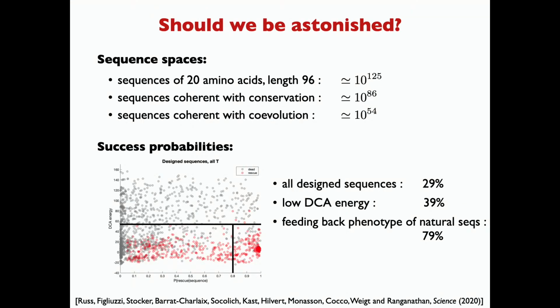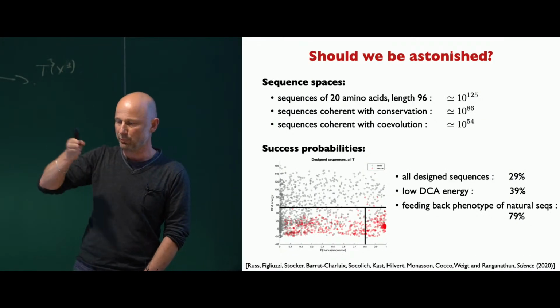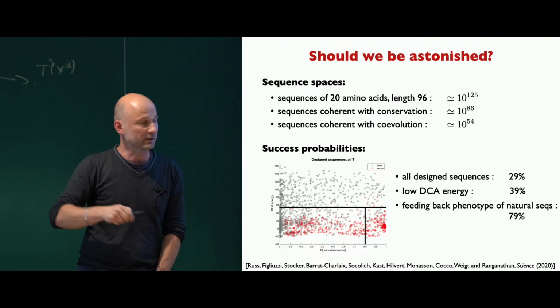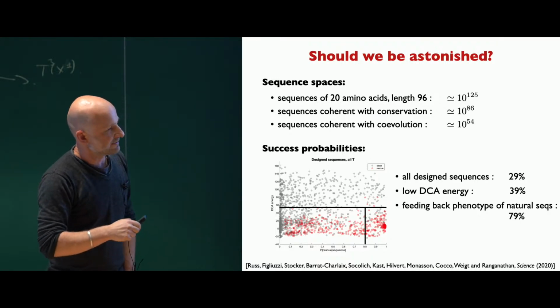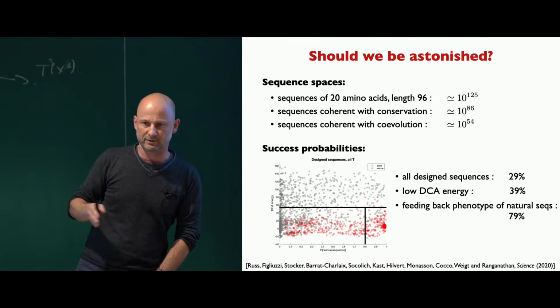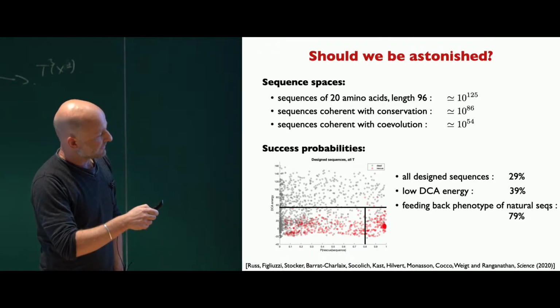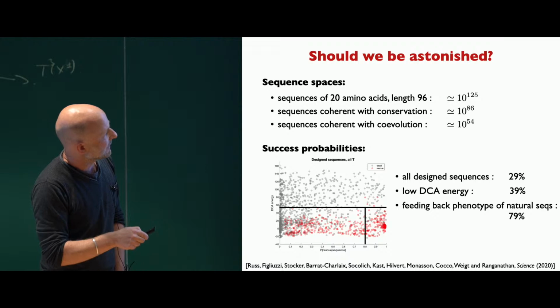This is quite astonishing, in particular if you look at how big these spaces are. With 20 amino acids and length 96, this is 10 to the 124 sequences, which is quite a number. If you just impose conservation, like this blue column histidine and so on, in a simple model which in physics language would have local fields but no interactions, you would still have 10 to the 86 sequences.